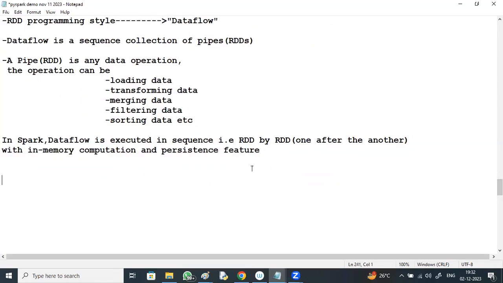So here you may ask a query. Spark is meant for parallel processing. When the data flow is executed in sequence, that is RDD by RDD, where do we see the parallel processing?